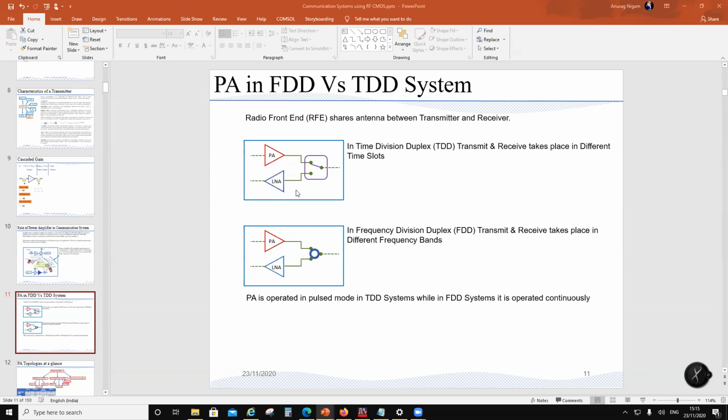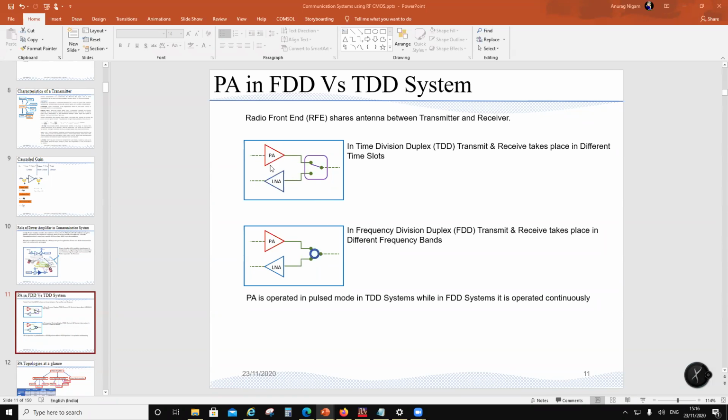The second thing is the settling time. In a TDD system, you are going to switch off the PA, so when you switch it on, it has to settle thermally as well as electrically. To have a very good electrical settling time, all your bypass caps are supposed to be smaller. Then comes the linearity issue on bypass caps, which depends on the mixing and on how the match is on a Smith chart.